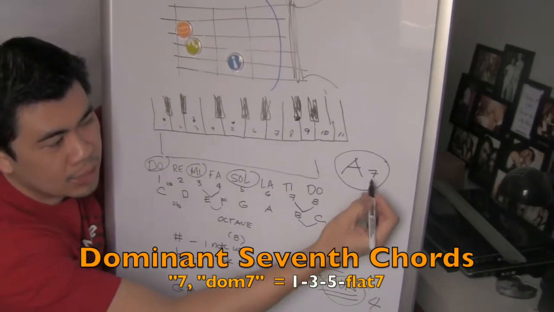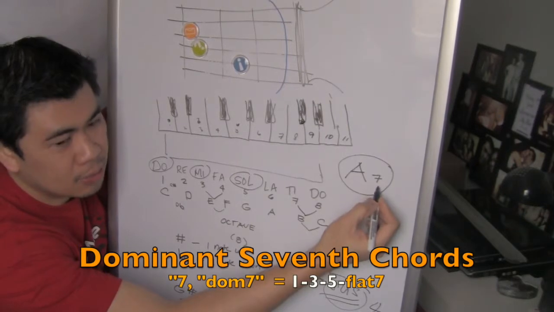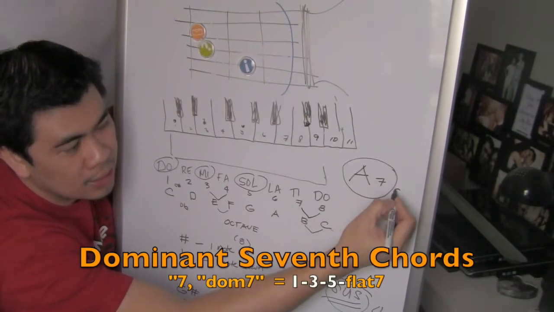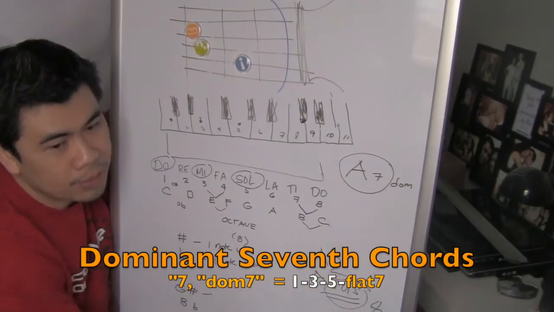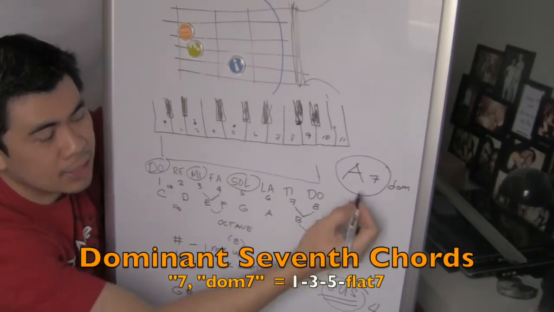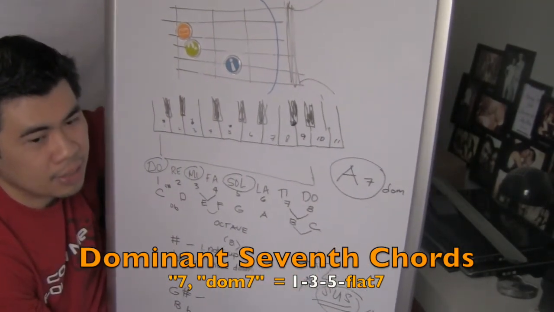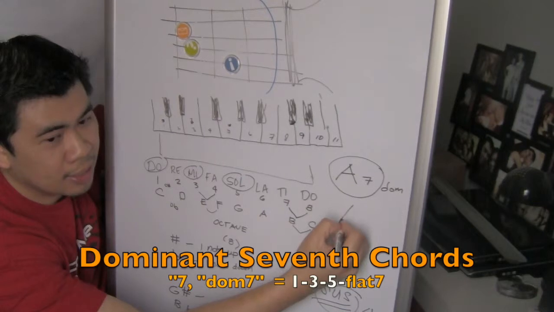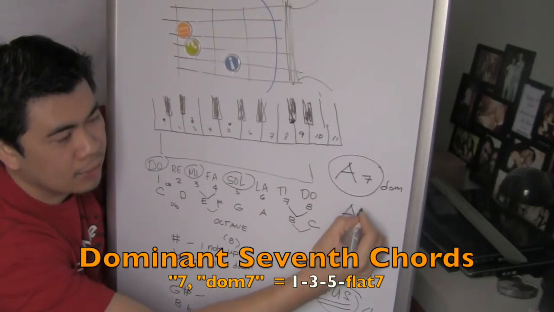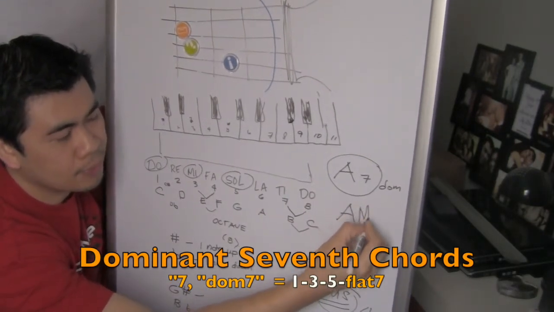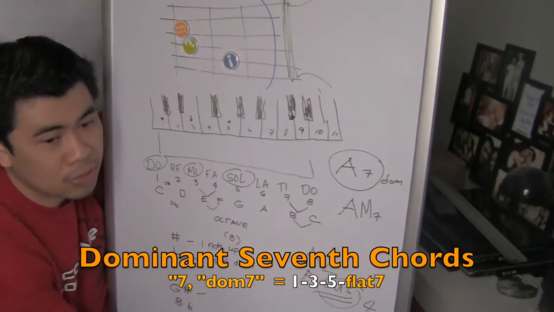Okay? When you see 7, it means a dominant 7. Sometimes they write DOM 7, which also means the dominant 7. And if there's a big M, it means a major 7.